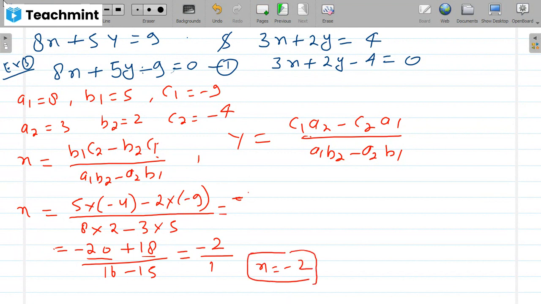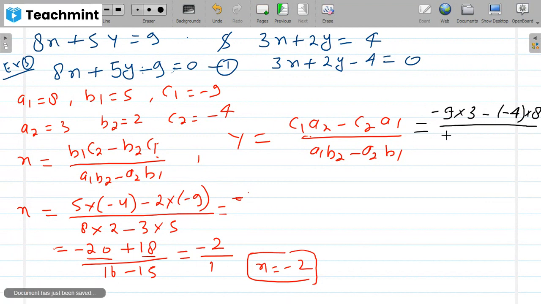After this find the value of y. So in this case value of c1 is minus 9 and value of a2 3, value of c2 is minus 4 and value of a1 is 8, by a1 b2, value of a1 is 8, value of b2 is 2, minus value of a2 is 3, value of b1 is 5.